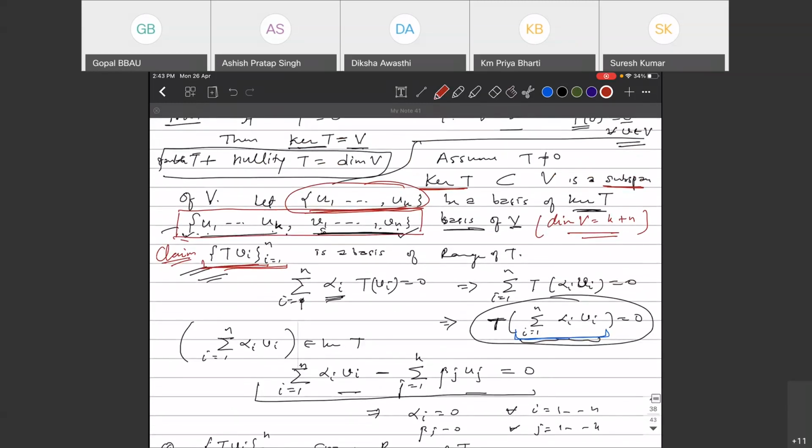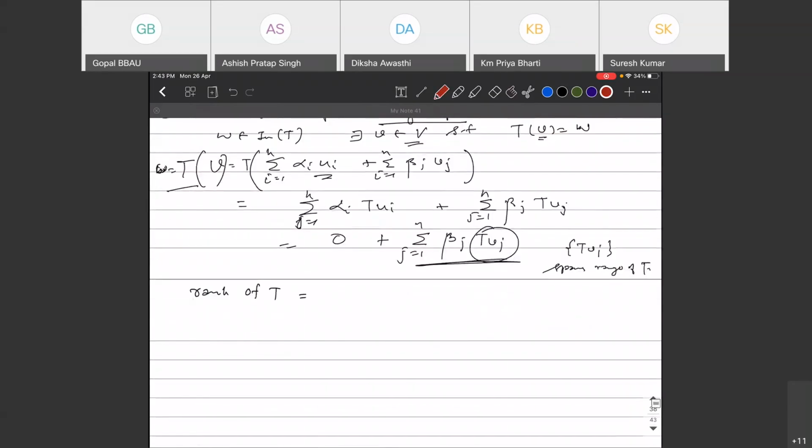And how many vectors are in the basis of kernel T? K vectors. So the rank of T is N. And what is the nullity of T? K.